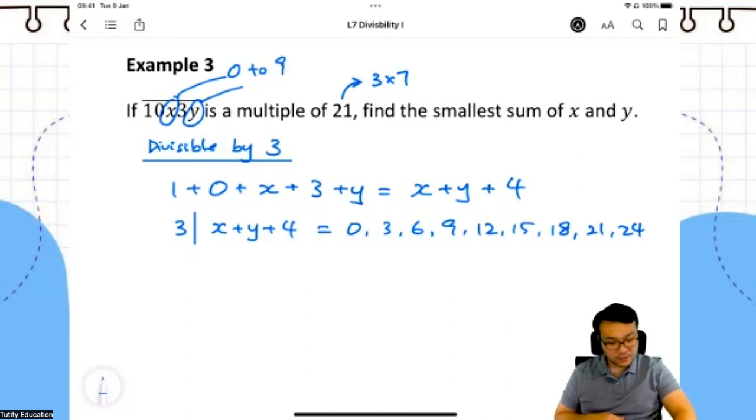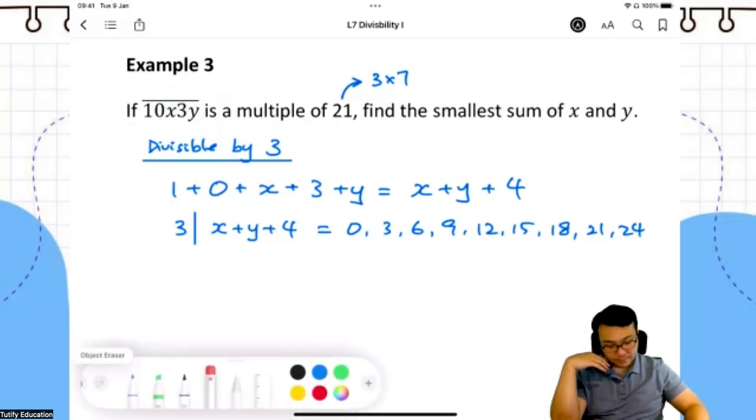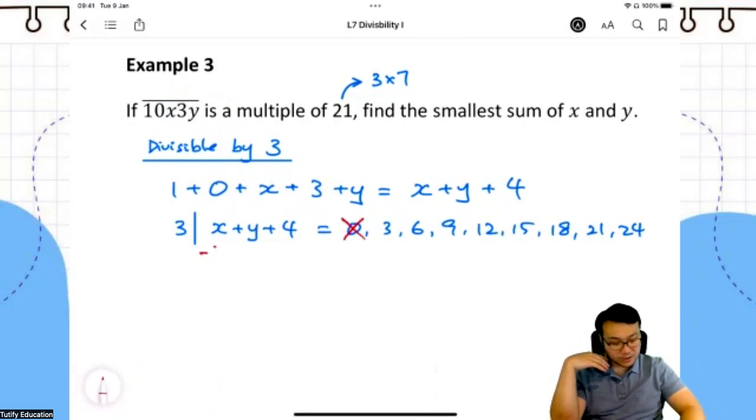Correct. x and y must be from 0 to 9. It is a single digit. You cannot give me double digits here. So if x is a positive number from 0 to 9, is x plus y plus 4 equal to 0 possible? No, it's not possible, because you cannot tell me that this is negative.